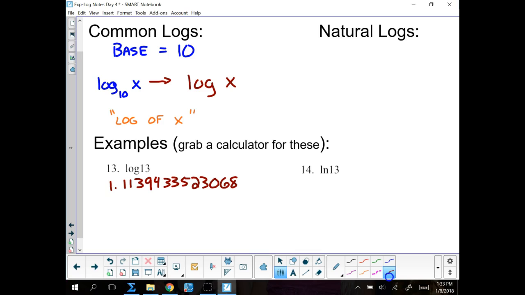Now I can check this by saying ten, because that's my base, to the that big exponent, and that should equal what?